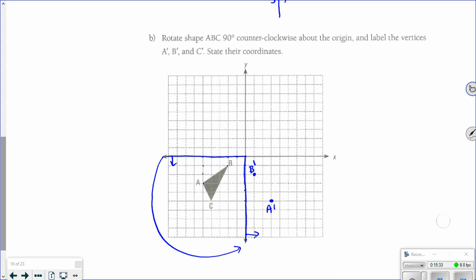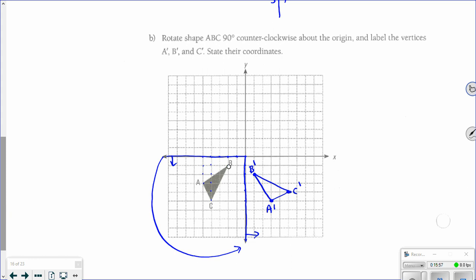To get to C, I'm going 1, 2, 3, 4 along my line, and 1, 2, 3, 4, 5 away from it. So 1, 2, 3, 4 along, 1, 2, 3, 4, 5 away. So that is my new shape once it's been rotated 90 degrees counterclockwise.